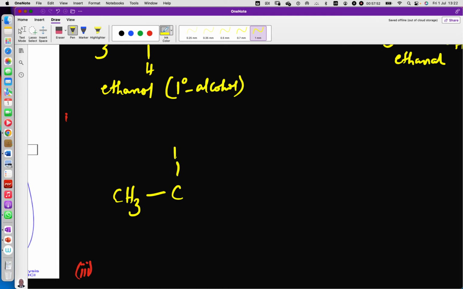carbon, OH. It is propan-2-ol. This is a secondary alcohol. It undergoes addition of oxygen, and addition of oxygen is going to give us this.